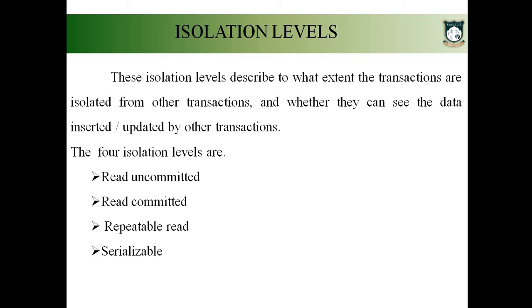Even that is available to this transaction. So that is read uncommitted. The next one is read committed. If the isolation level is read committed, then it places a constraint that only committed values can be read by the transactions.